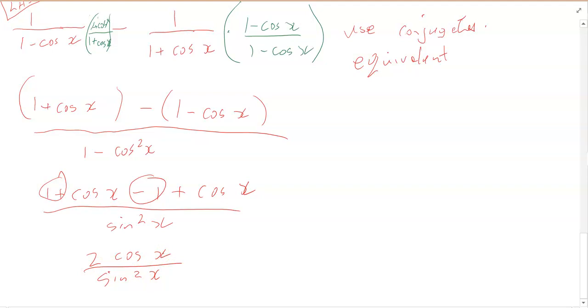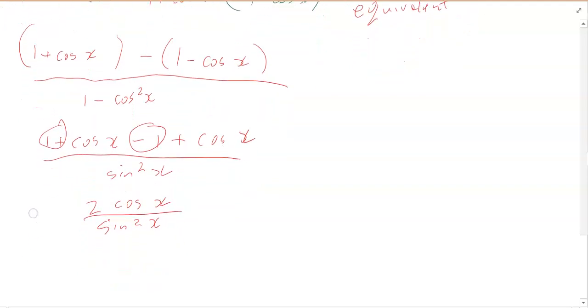Okay, let's see where we're going. So cos x over sine squared x is the same as cos x over sine x times 1 over sine x. So let's break this into 2 cos x over sine x, over sine x.